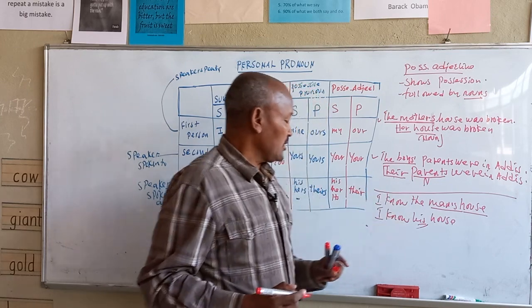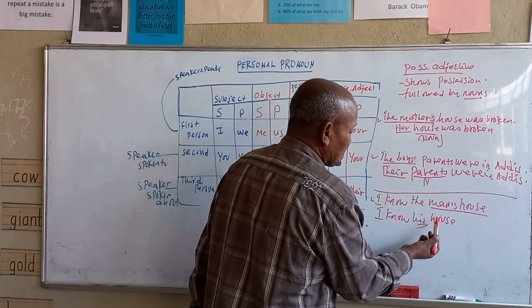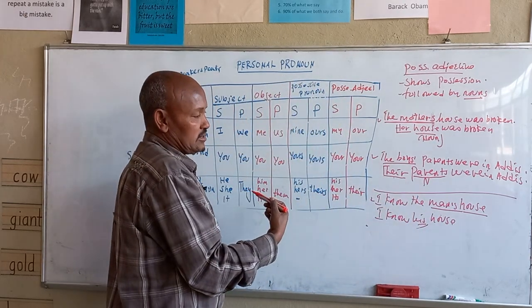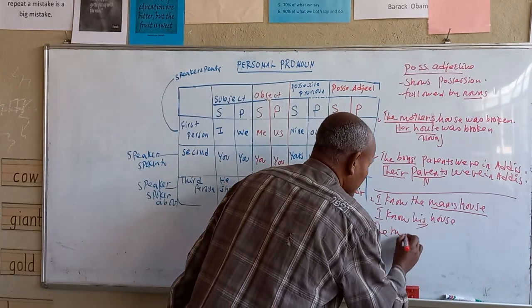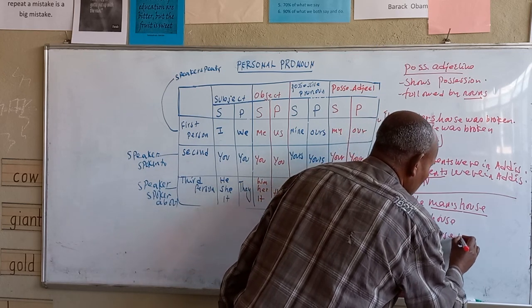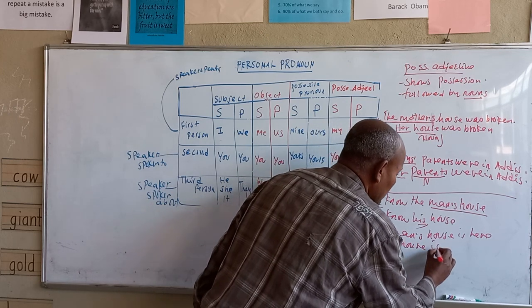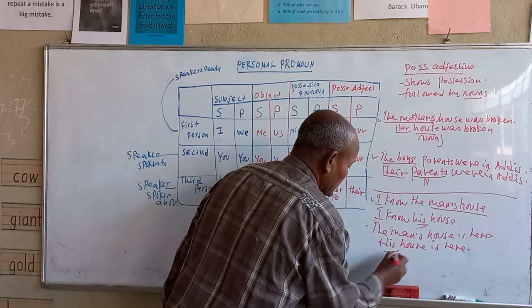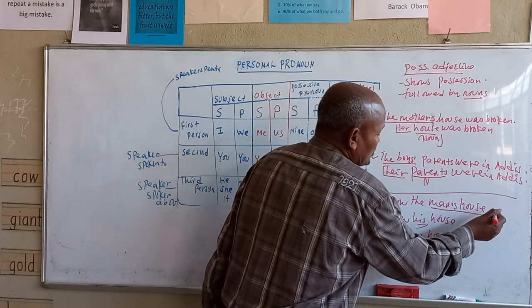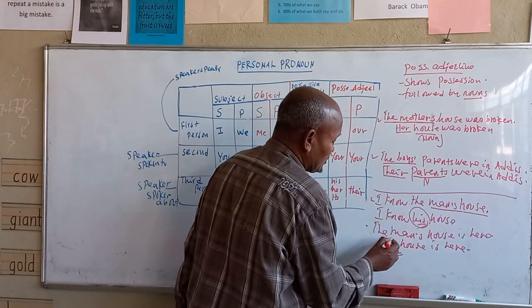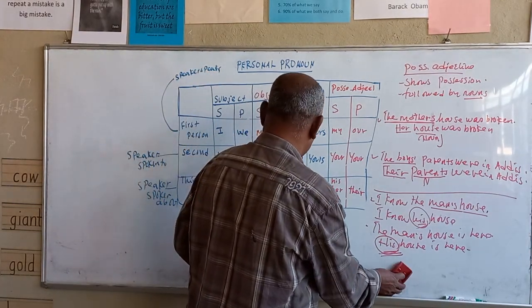We can also write the sentence in another way. Maybe the man's house is here. The man's house, his house is here. Yes? So we can write his house is here, possible. Whether this singular possession comes at the beginning or at the object of the sentence, his is always true for the possessive adjective. This is a possessive adjective.